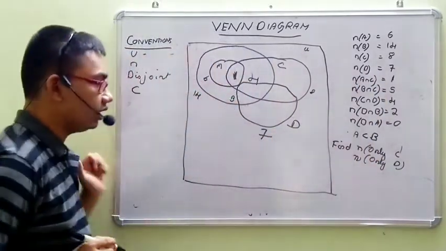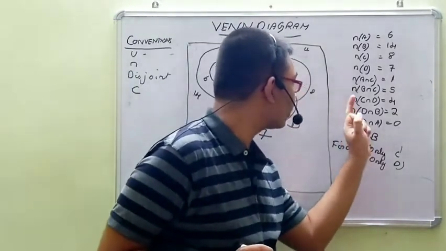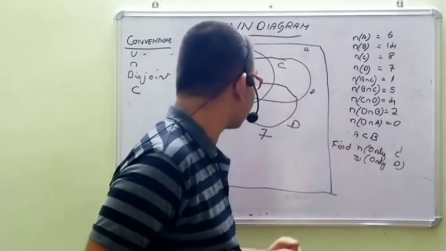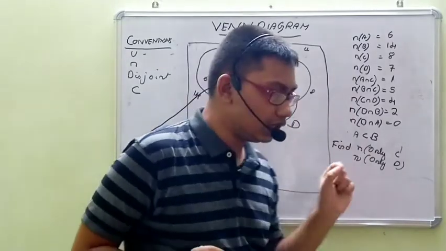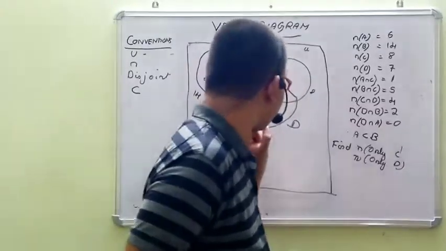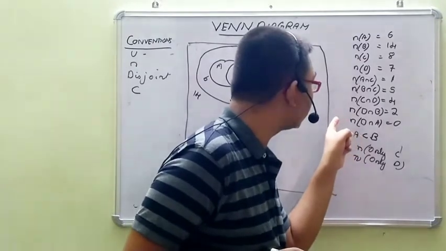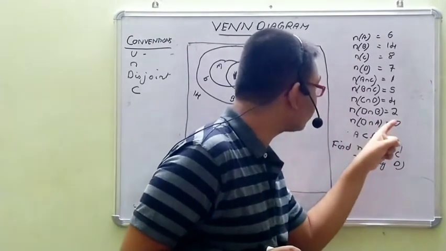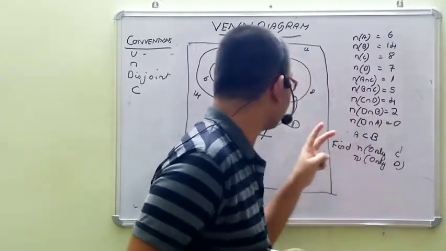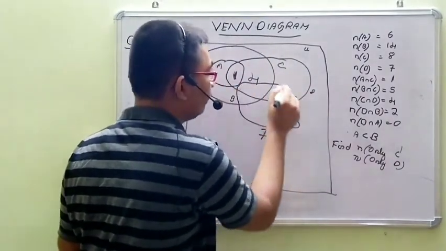Right. n(D) is 7. Now, n(C intersection D) will be 4, but n(D intersection B) will only be 2. So this portion will be 2 and this portion will be 4.